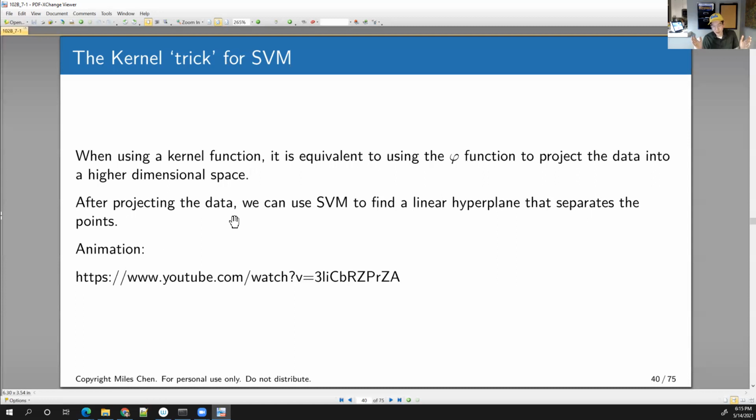And so what you can do is take your data and project it into a higher dimension, like take your 2D data and project it into 3D. And then once they're in 3D, you can actually draw a linear hyperplane. Basically, if you're in 3D, you draw a plane. You can project it into an even higher dimension, and you'll have some kind of linear flat hyperplane that we can use.